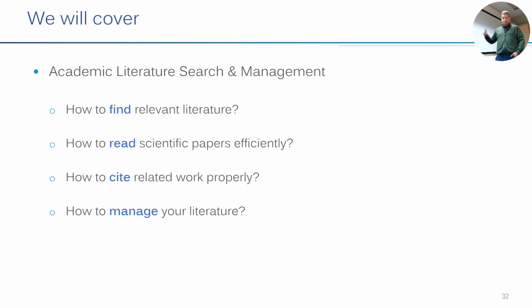What we briefly want to cover in this section of the course is how to find relevant literature. Maybe what not everybody is familiar with is how to efficiently read a lot of papers, because research is growing, and the scientific output is growing constantly, and you typically encounter in most research fields quite a lot of papers that you need to at least have on your radar.